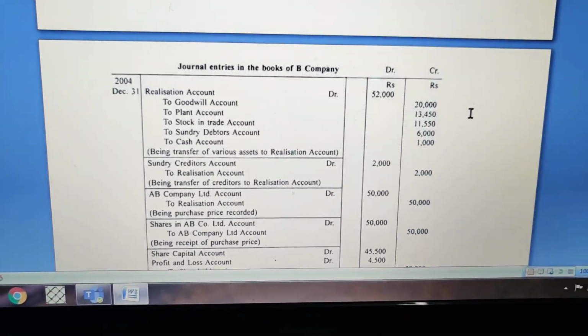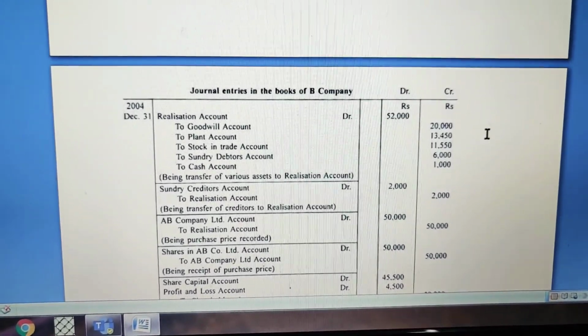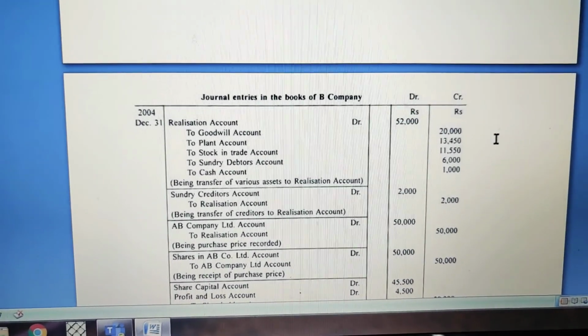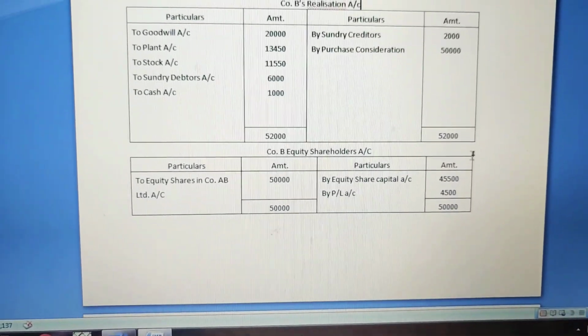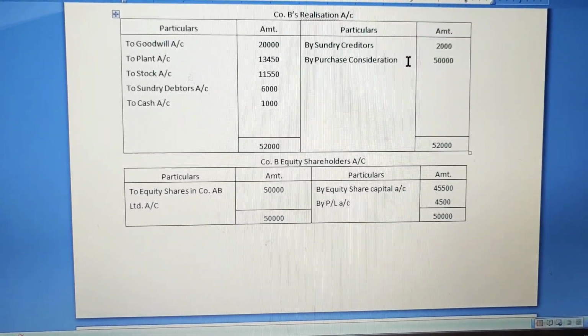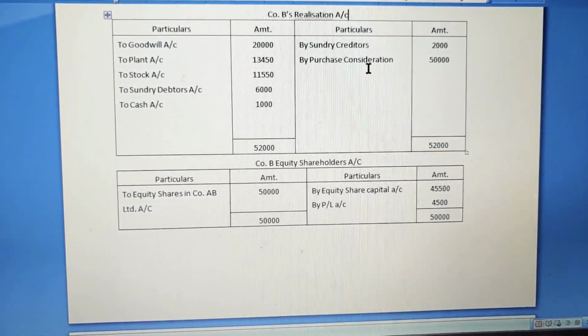You are just doing the purchase price recorded entry, that is AB Company Limited account debit to realization account, which is, you can see here, this entry, purchase consideration 50,000, company B realization account or purchase consideration.